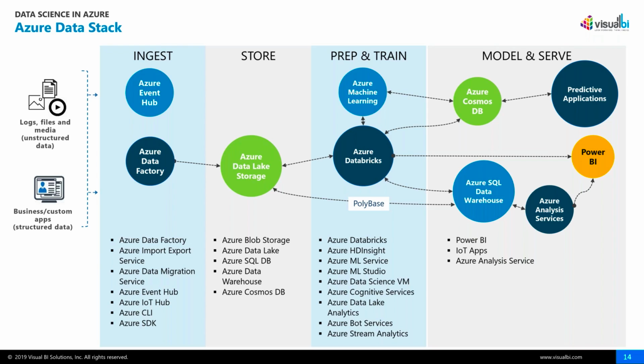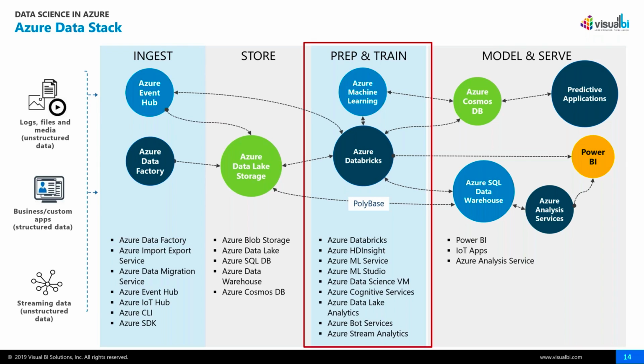And once ingested, data is stored in various forms based on its structure, such as Azure Blob Storage, Azure Data Lake Storage, SQL Database, or sometimes Azure Data Warehouse and Azure Cosmos DB, which is very useful for streaming data. Even for real-time data analytics, Azure platforms can capture the data continuously from any streaming source and process it near real-time.